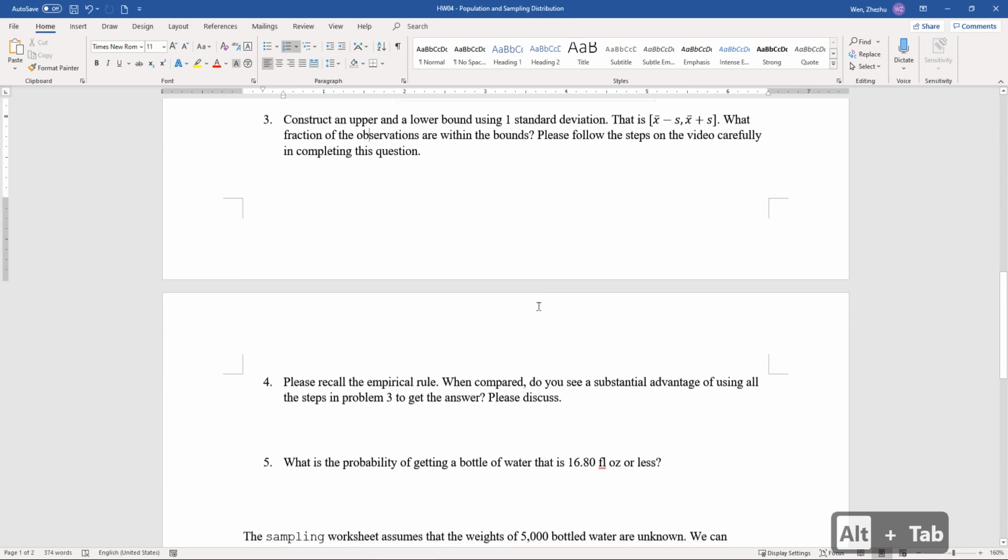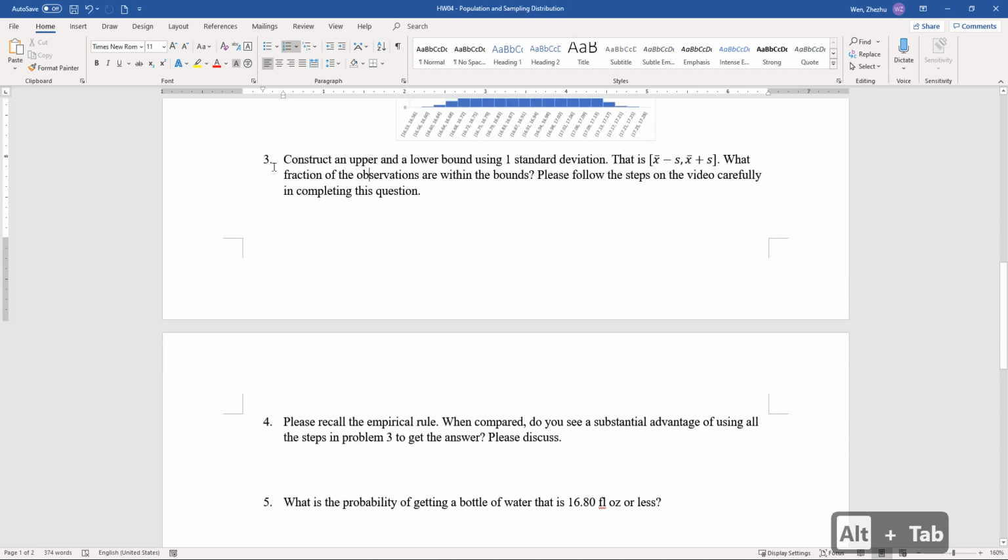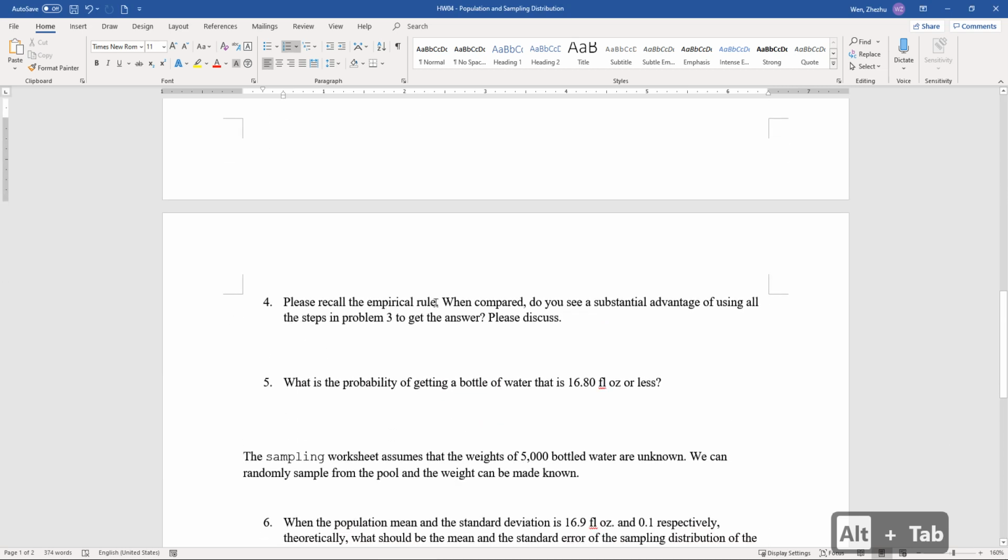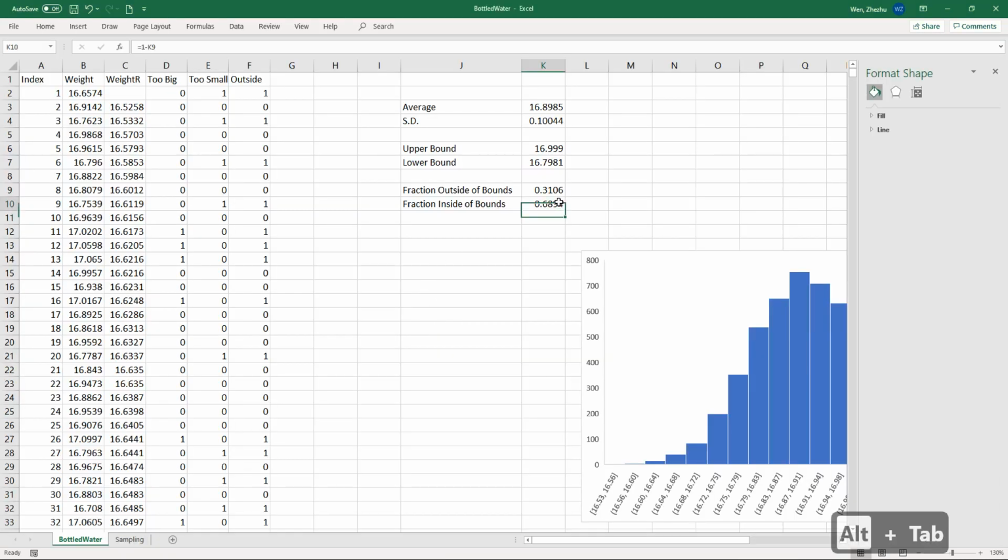So that concludes question number 3. Please recall the empirical rule. When compared, do you see substantial advantage of using it? So it's basically asking you to compare whether there is a huge difference between this answer here, 68.94, and the empirical rule.